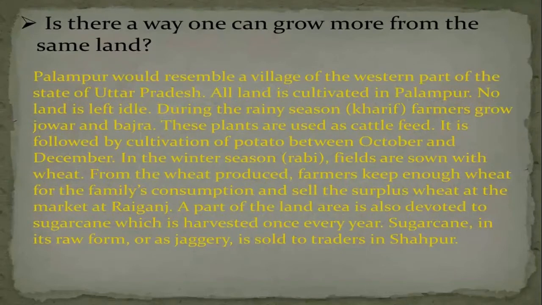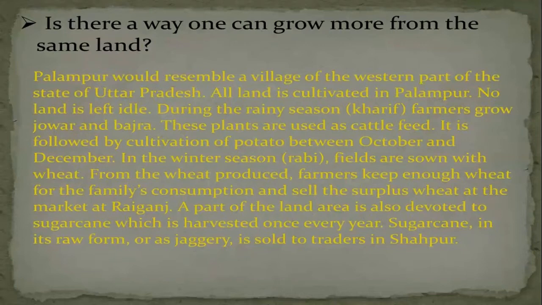We already know that all the land in Palampur is cultivated and no land is left idle. So what they do is, during the rainy season, the farmers grow jowar and bajra. These plants are used as cattle feed. They feed it to the cattle. And then they start growing potato between October and December.